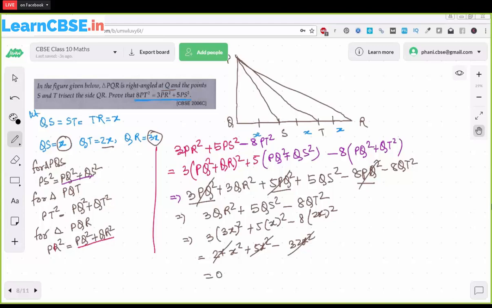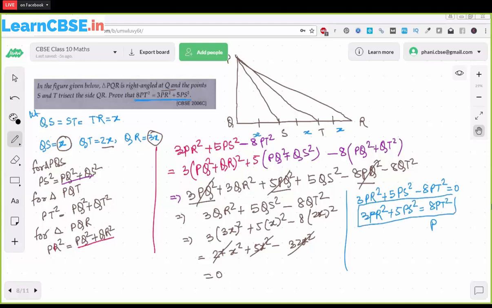So what we got is 3 PR square plus 5 PS square minus 8 PT square equals 0. So 3 PR square plus 5 PS square equals 8 PT square. So it's proved. The next question.